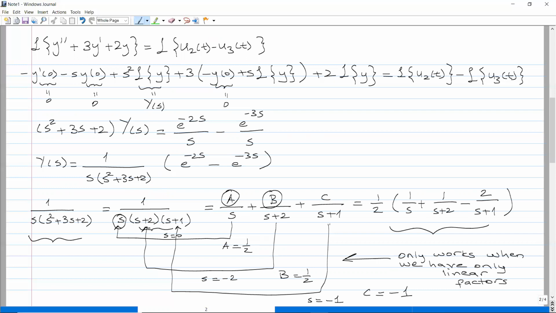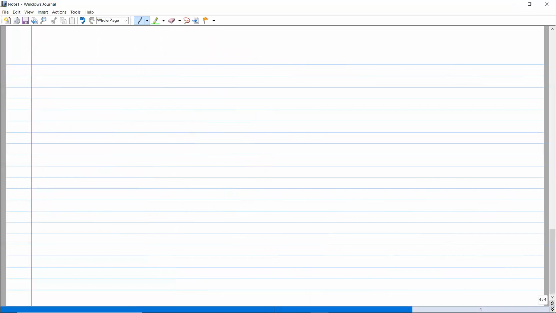But for our example, this means our fraction 1 over s times s squared plus 3s plus 2 is 1/2 over s plus 1/2 over s plus 2 minus 1 over s plus 1. Right?